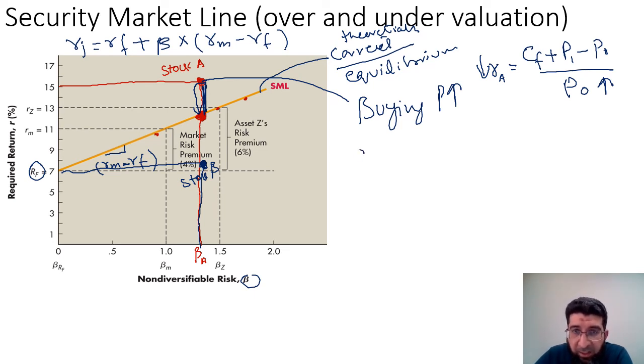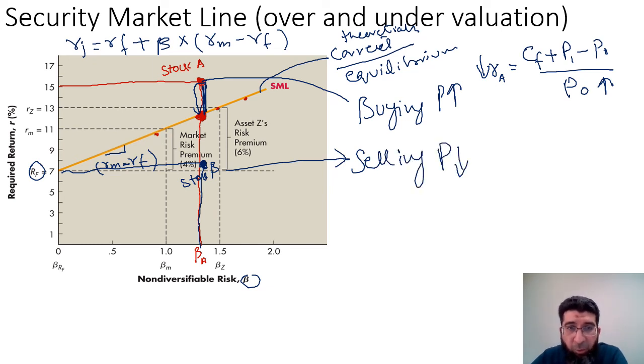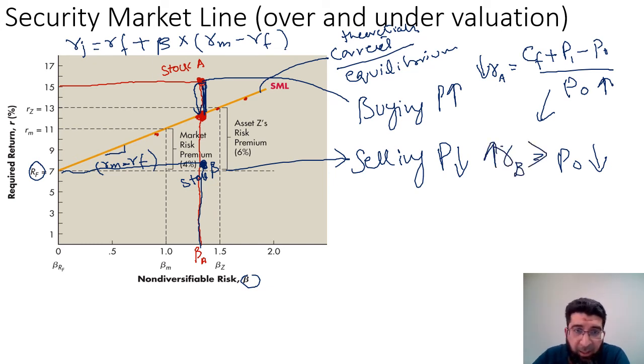When we start selling, what will happen? The price will start going down, and if we use the same chronology, the P0 will start falling, and so the return of stock B will start increasing, and it will go up on the line and be correctly priced. So the stocks move up and down the line all the time.